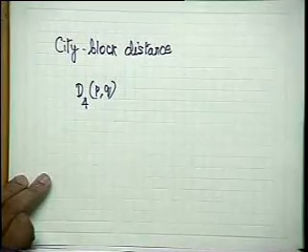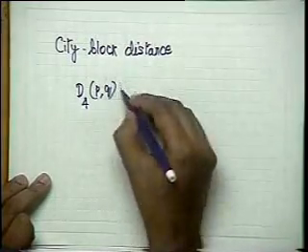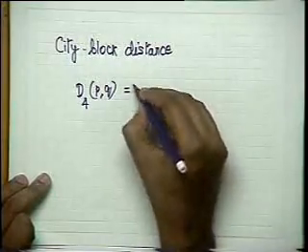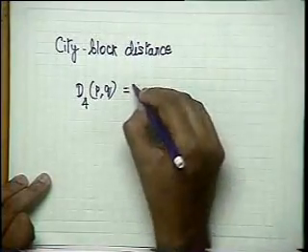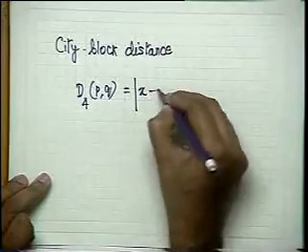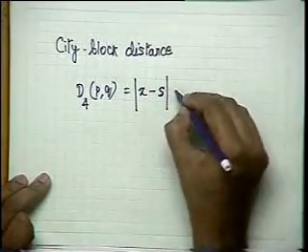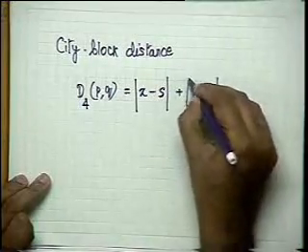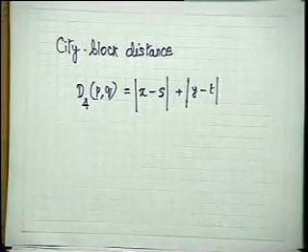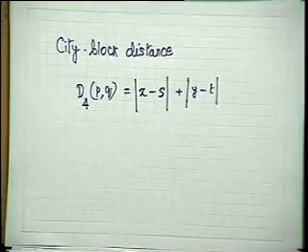I will tell you why it is 4. Okay. And the definition of city block distance between points P and Q is mod of x minus s plus mod of y minus t. This is defined as the city block distance.